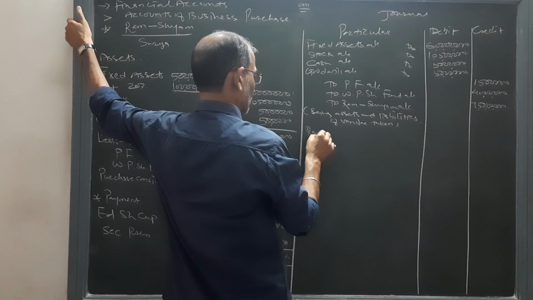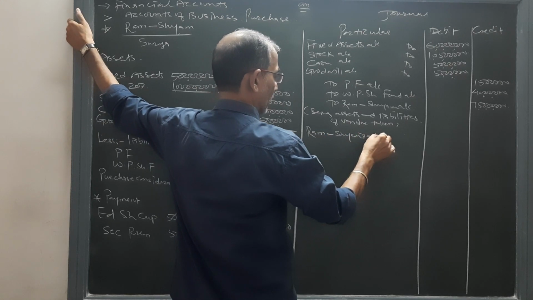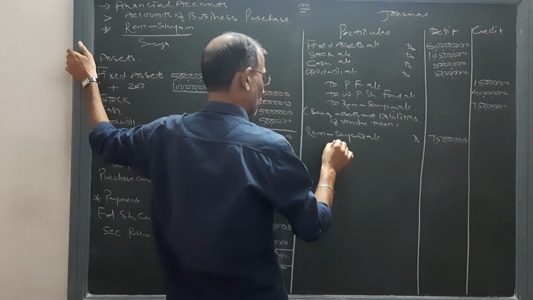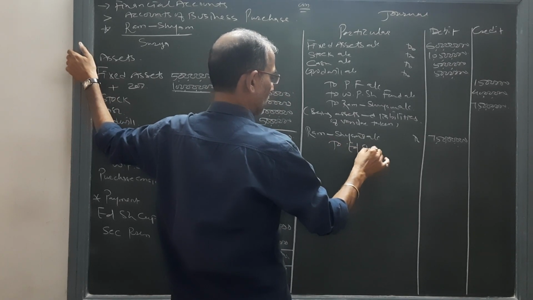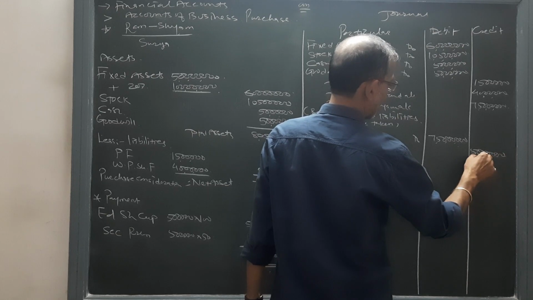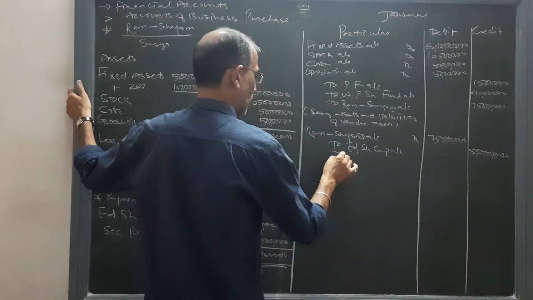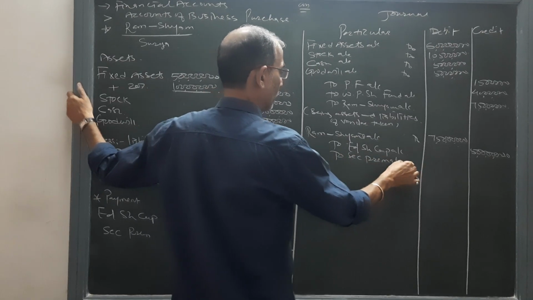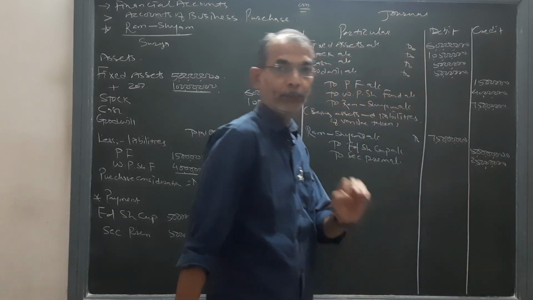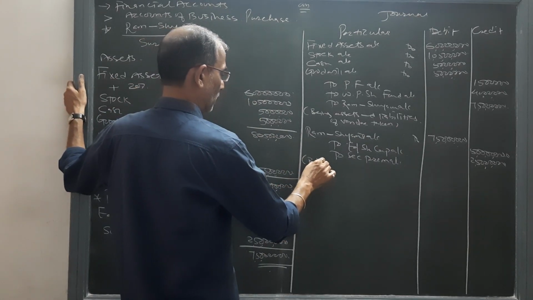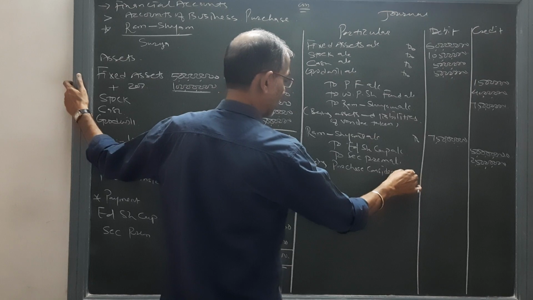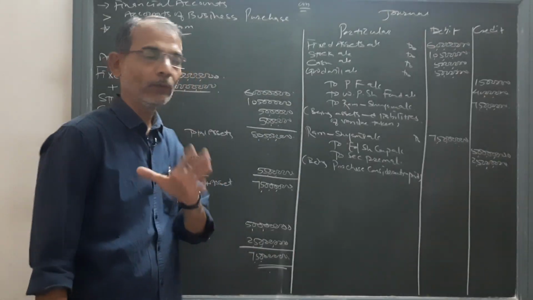So Ram and Shyam's account debit 7 crore 50 lakh to equity share capital account 5 crore, to securities premium account 2 crore 50 lakh, being purchase consideration paid to vendor.